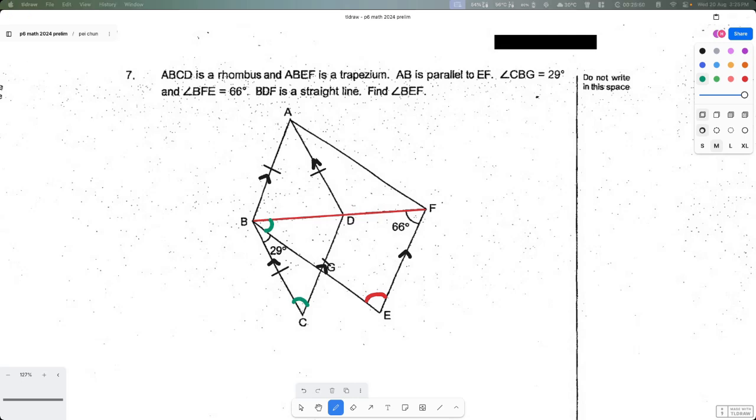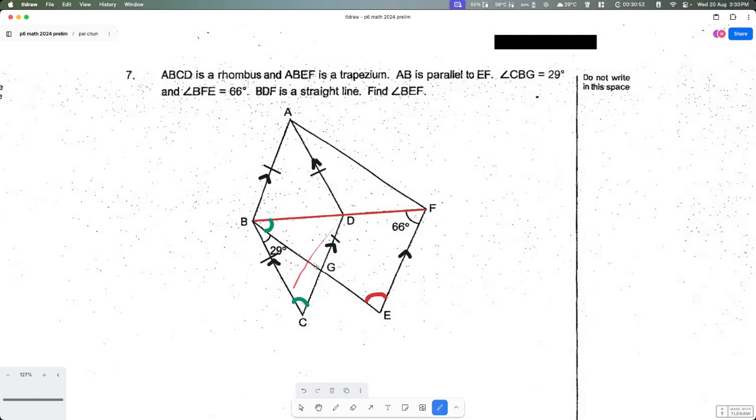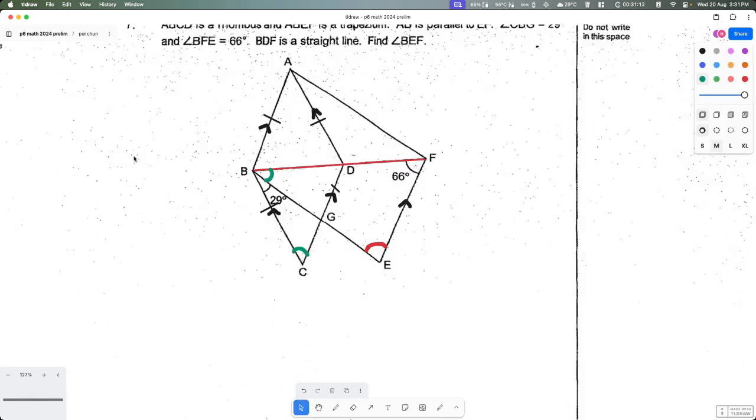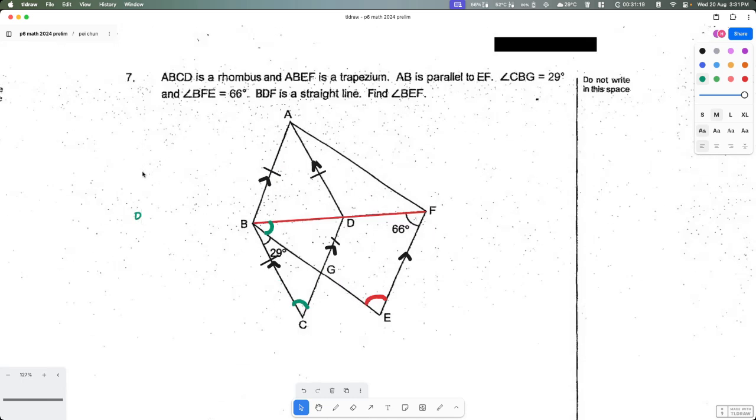Over here, if you see properly, we have two parallel lines, DC and FE. AB is parallel to FE, so the opposite side of the rhombus is also parallel. Let me write this down: DFEG, in black, is a trapezium, since DG is parallel to FE.